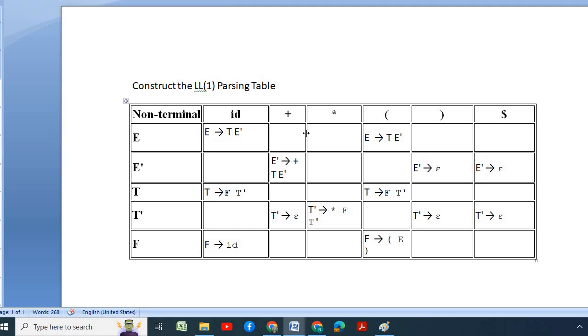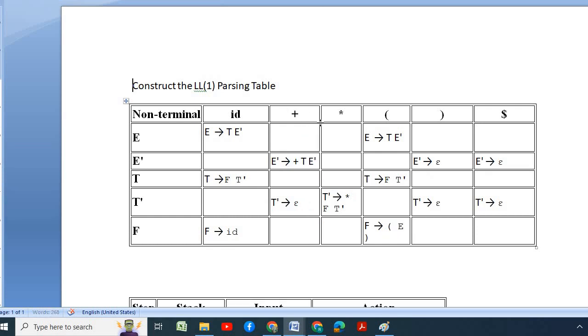So we have to say whether the given production is LL1 parse. In order to say the given production is LL1 parse or not, if each and every cell contains a single production, then we can say it is LL1 parse.